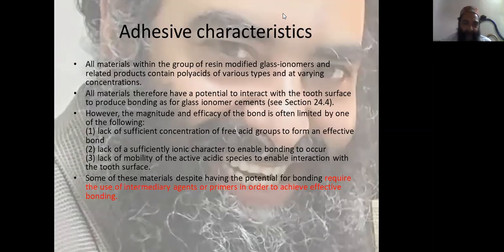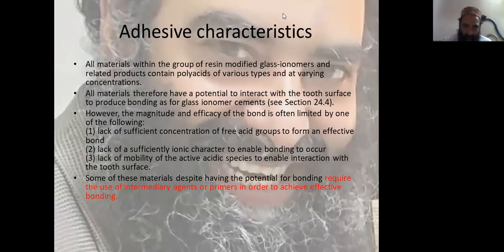All materials within the group of resin modified glass ionomers and related products contain polyacids of various types and at varying concentrations. So all materials therefore have a potential to interact with the tooth surface to produce bonding as for glass ionomer cements.